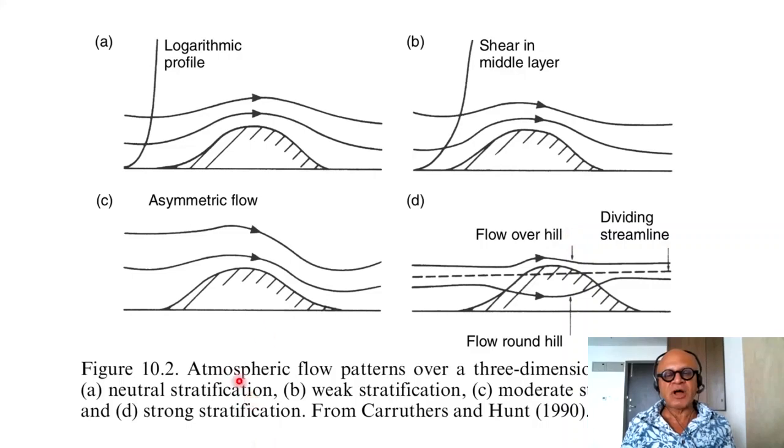Other aspects to worry about: atmospheric flow patterns over a three-dimensional hill, so it's the orographic drag that we mentioned before, with neutral stratification, weak stratification, moderate stratification, and strong stratification. So the form drag and the orographic drag themselves tend to depend on the flow regime you are in.